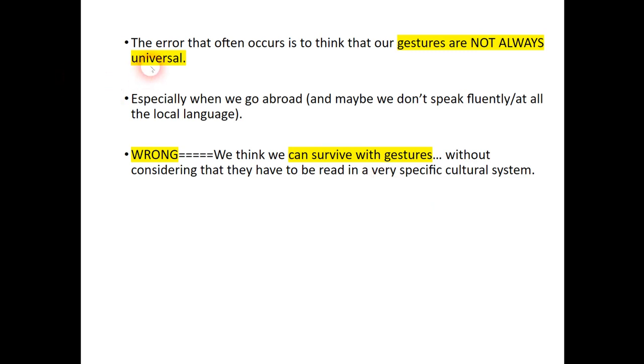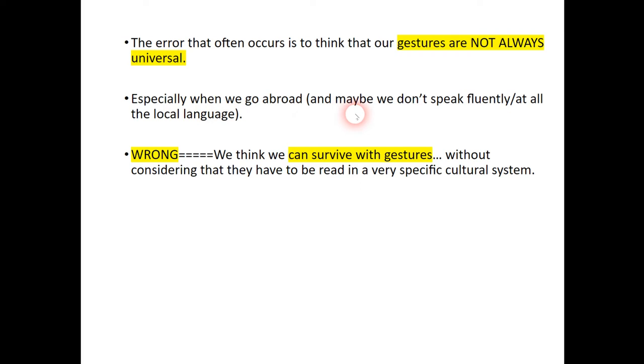The thing that you need to bear in mind is that the error that often occurs is to think that gestures, like hand gestures, are universal. But in fact, gestures are not always universal, especially when we go abroad.